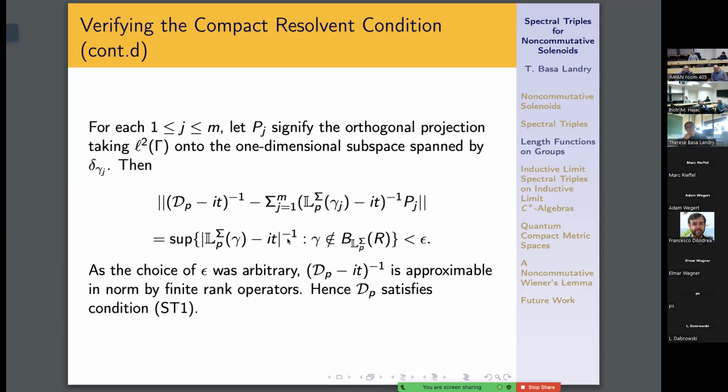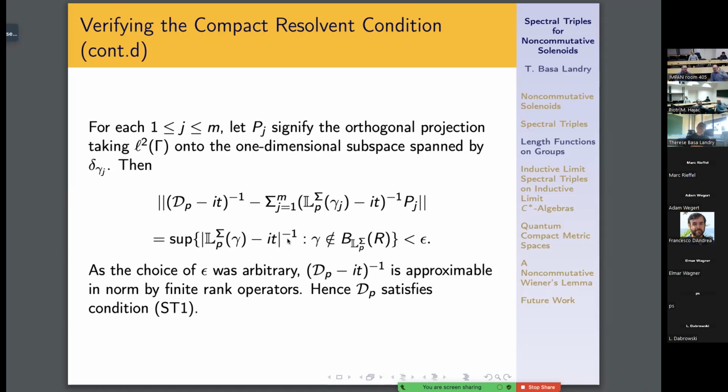Why this choice? If you take another L function, would you call this limiting object also a kind of non-commutative solenoid? Well, the non-commutative solenoid doesn't rely on a length function to define it.